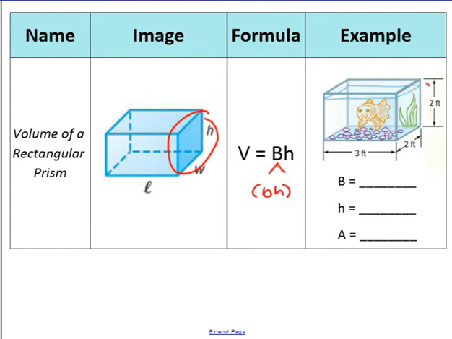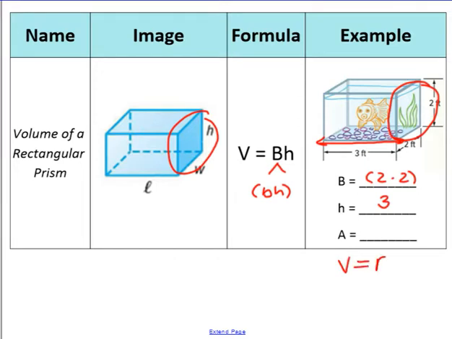So the base of the fish tank is going to be right here. And so that is 2 times 2. Now the height of the fish tank is from one base to the other. And so that's going to be 3. And now we're going to simply calculate the volume.